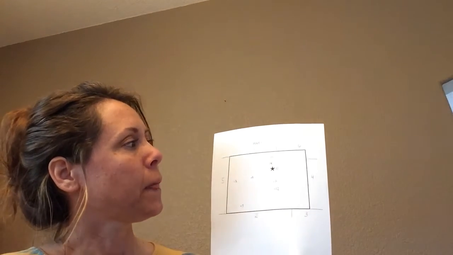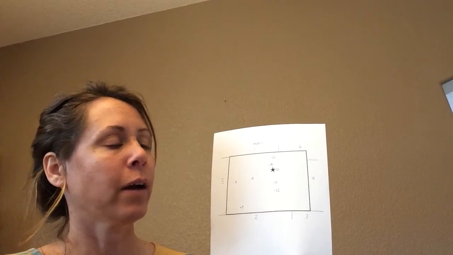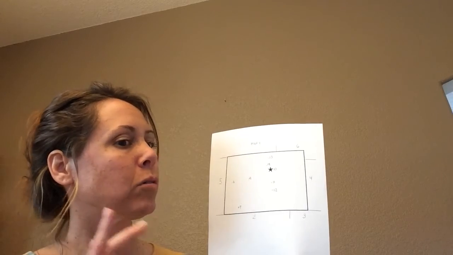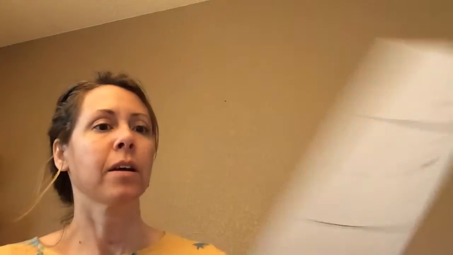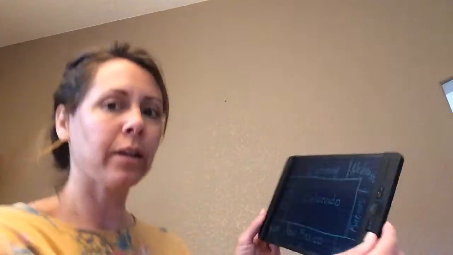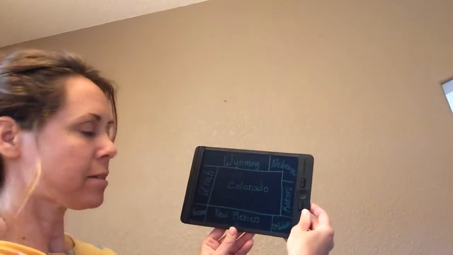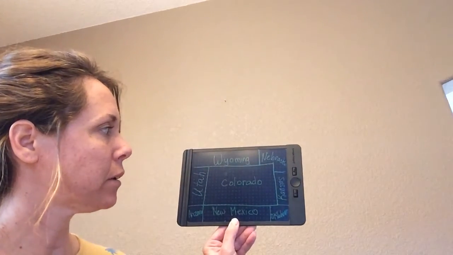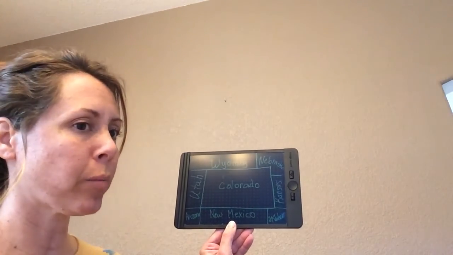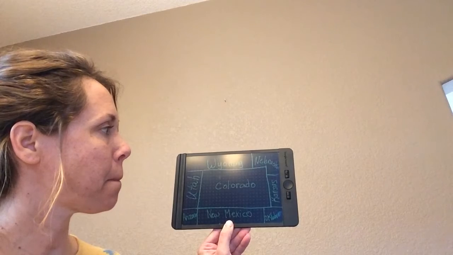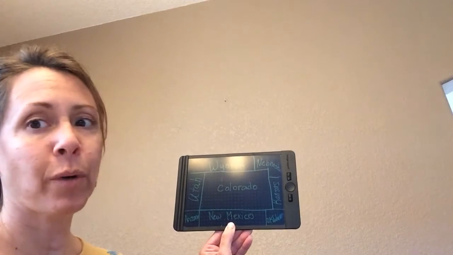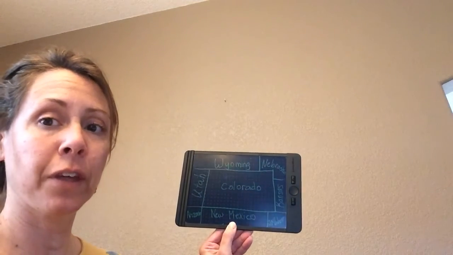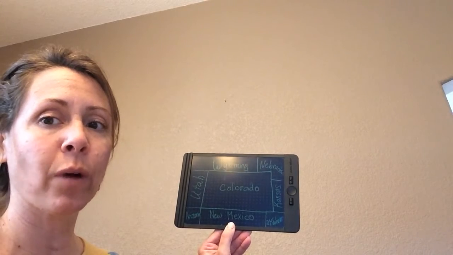All right. Now we're going to go back and write the state names. Let me show you. Make sure that you're using capital letters when you're writing your states. We have Wyoming up here. Take a good look at how you spell Wyoming. Nebraska might not fit, so think about how big you want your letters before you start writing.